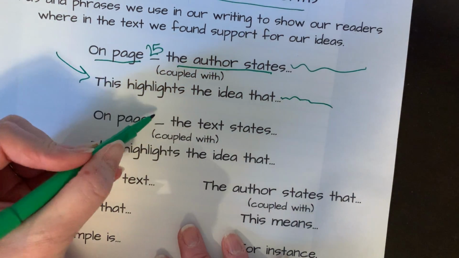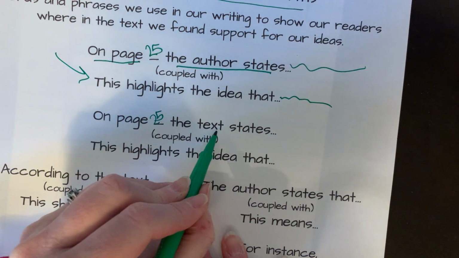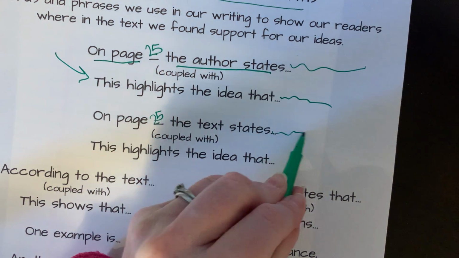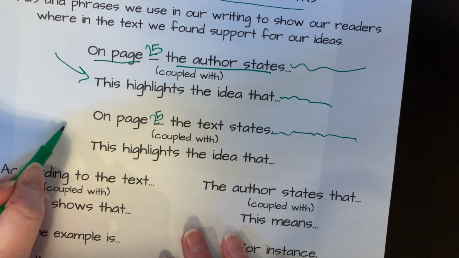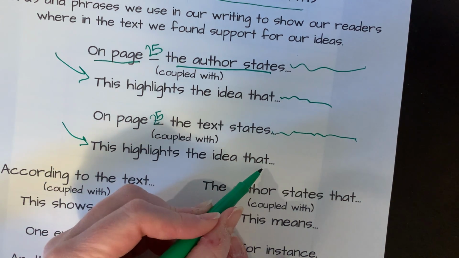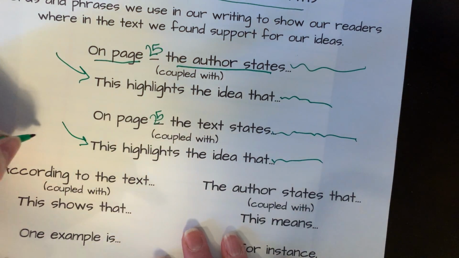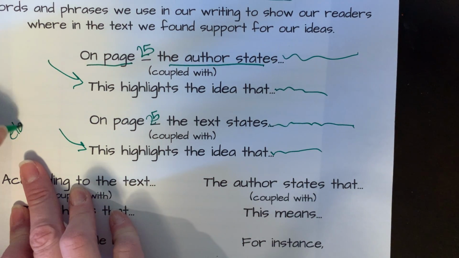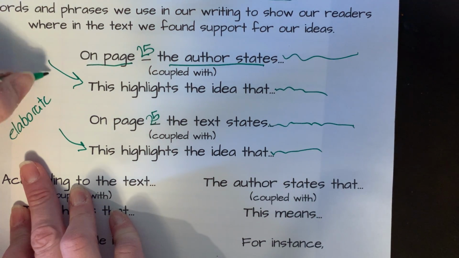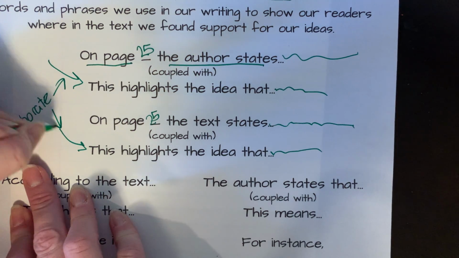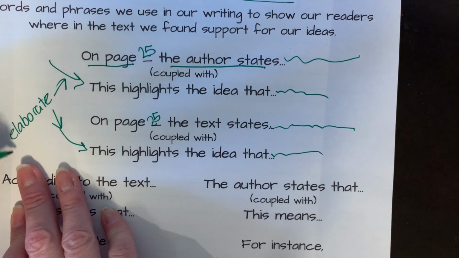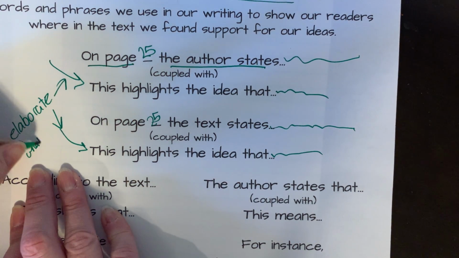On page 25, the text states blah, blah, blah. This highlights the idea that blah, blah, blah. So here's the elaboration. The elaboration is like, so what? So what does that mean?